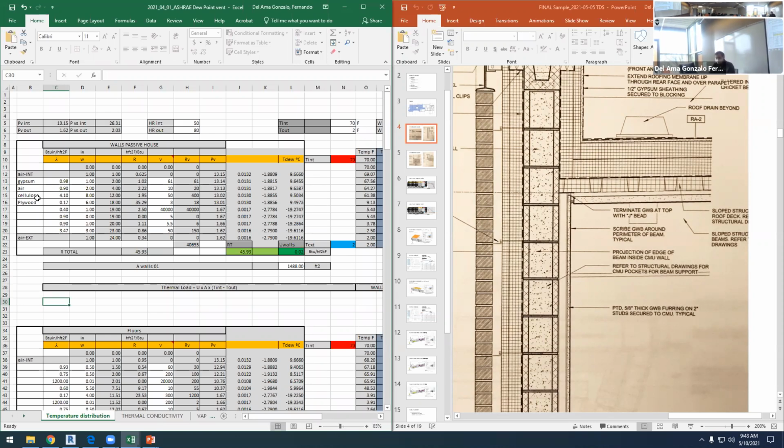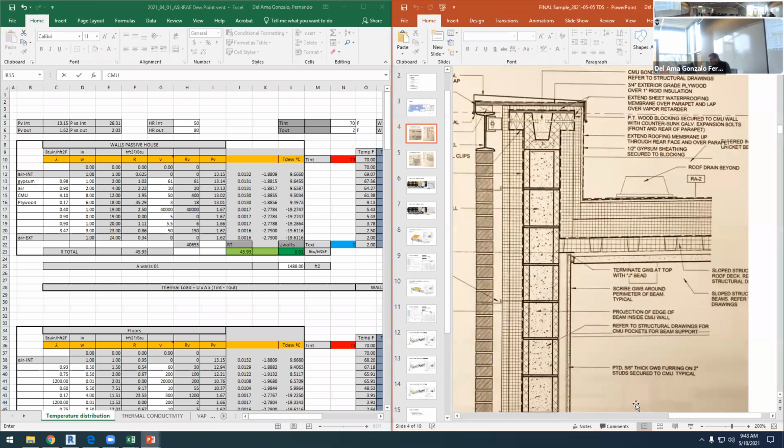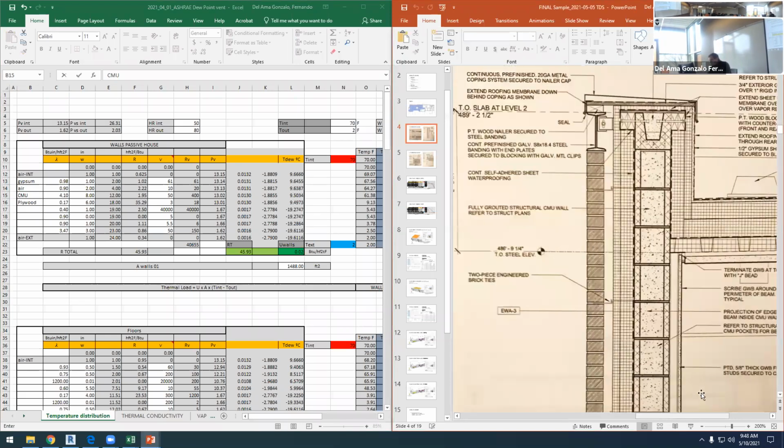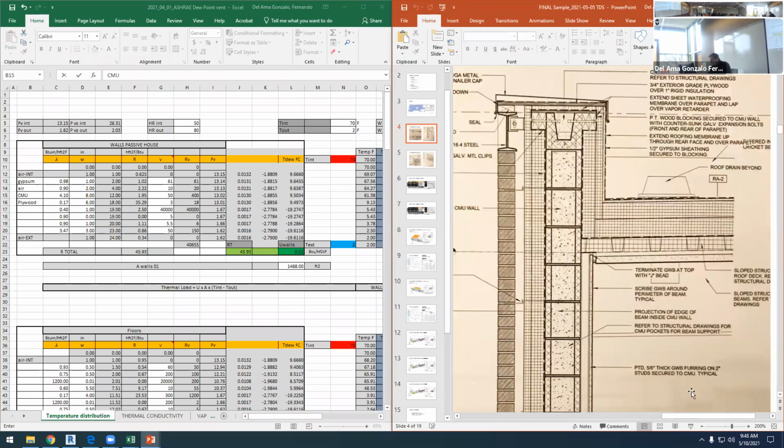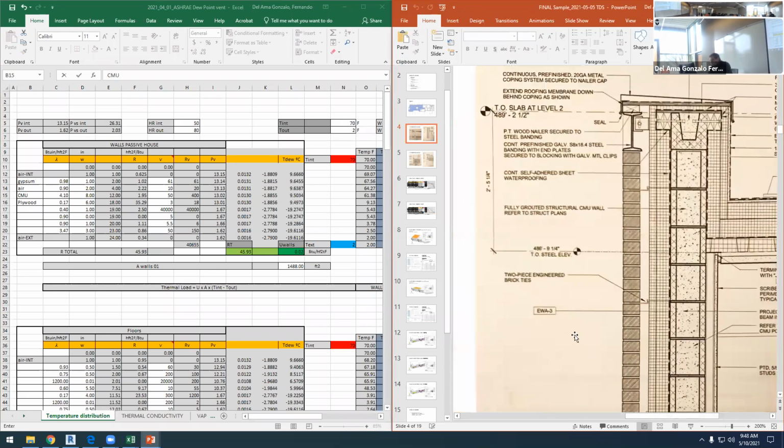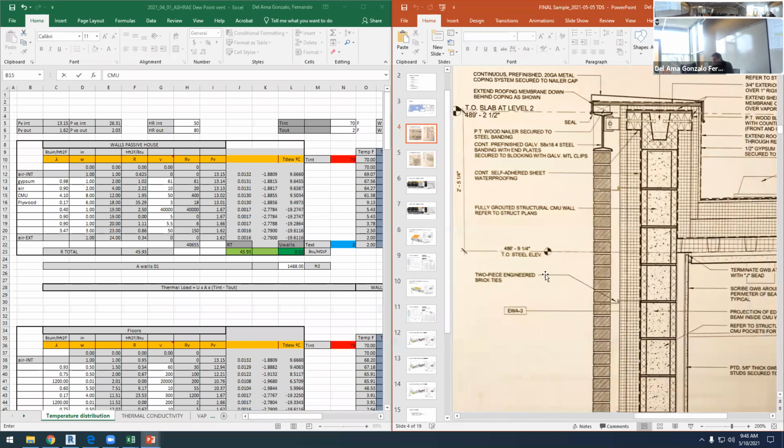Then we have the concrete masonry unit. So the next is concrete masonry unit. Do we have information about the thickness of this concrete masonry unit? No, we don't, but I would say that is 10 inches.